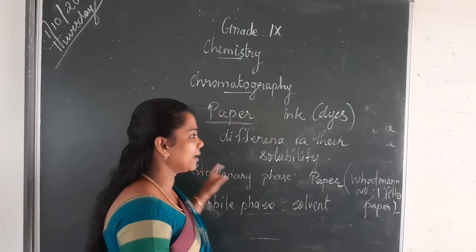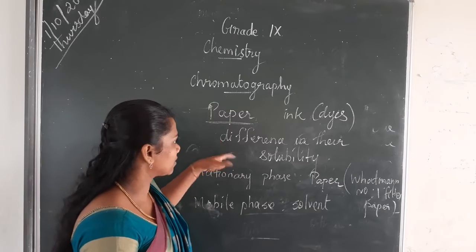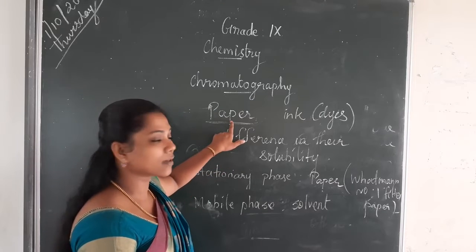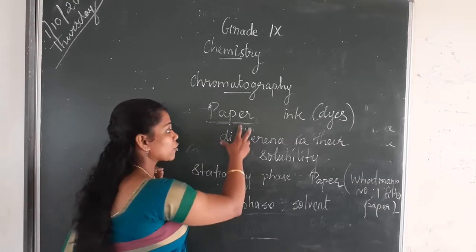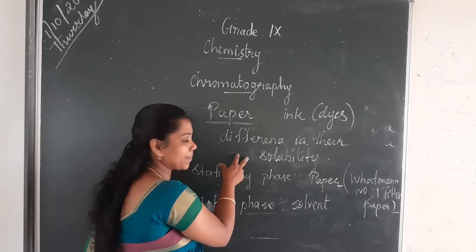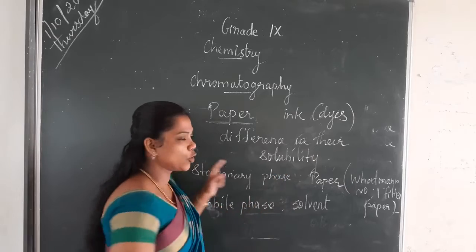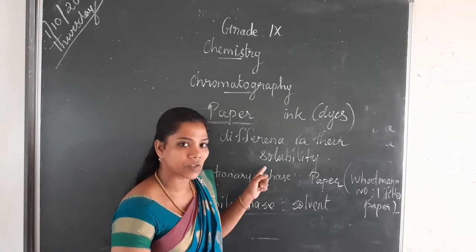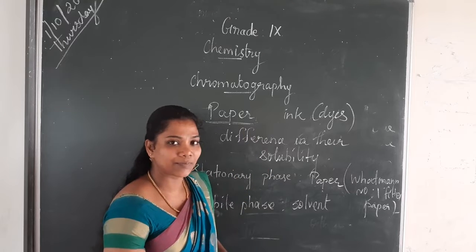Now we can see the diagrammatic representation. Once more I am repeating the same. Now we are seeing paper chromatography. In this paper chromatography, how the solid substances are separated on the paper is based on the difference in their solubility. That is, it has solute and solvent. How the solute gets dissolved in the solvent, based on that difference, we will separate the different types of solids.